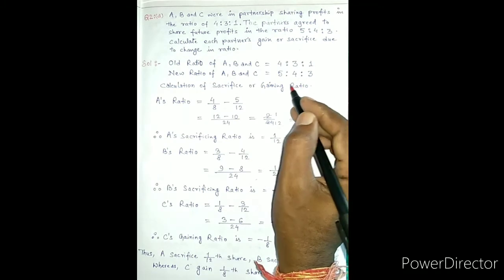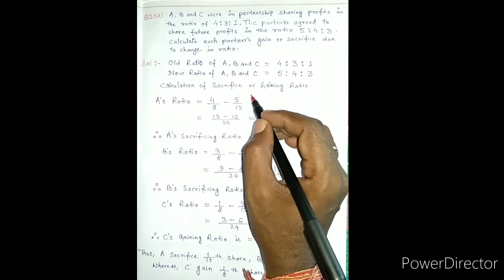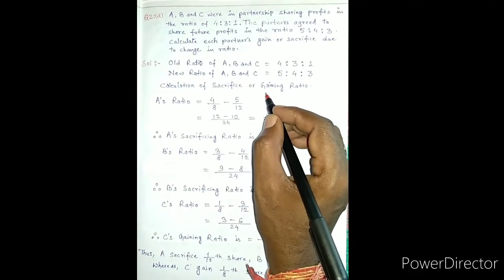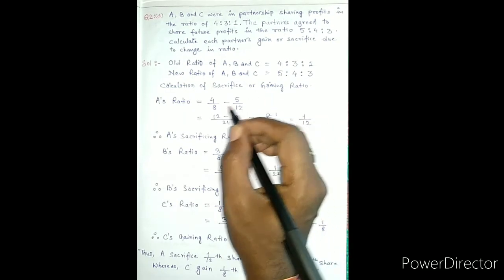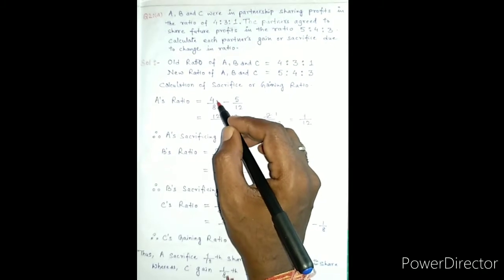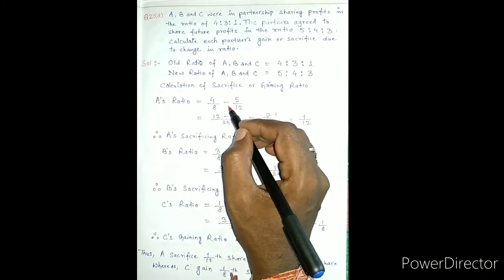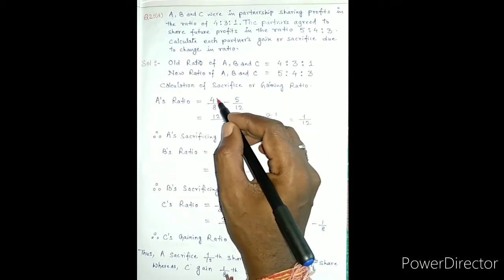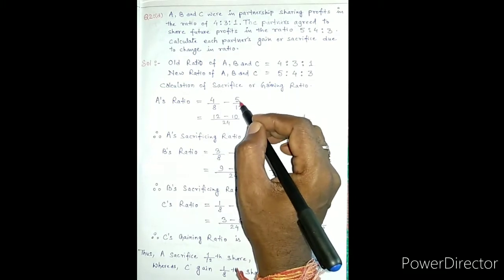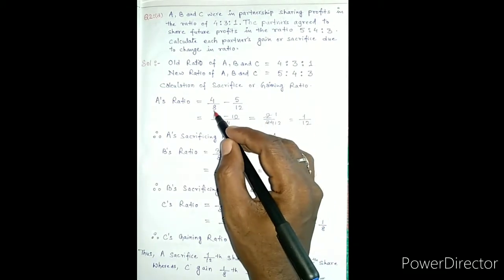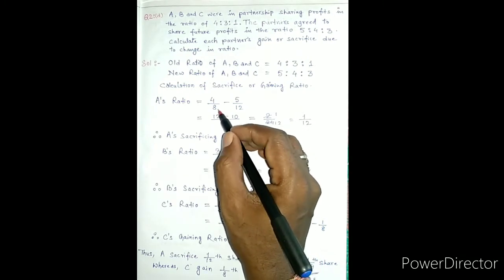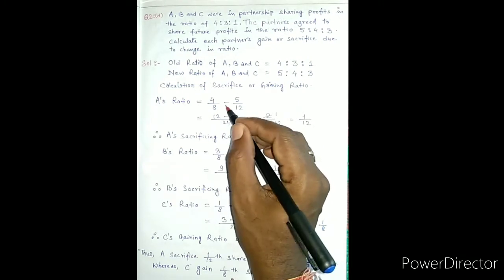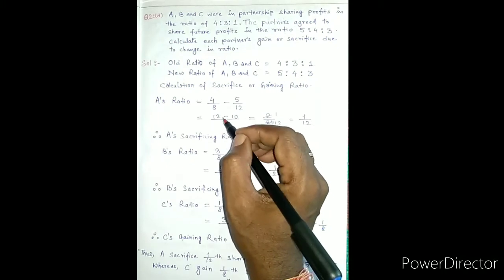So we know the formula. The sacrificing or gaining ratio is equal to old ratio minus new ratio. So A's ratio is 4 by 8 minus 5 by 12. This is the old ratio and this is the new ratio. Take out the LCM of 8 and 12, we get 24. Divide 24 by 8, we get 3 times.